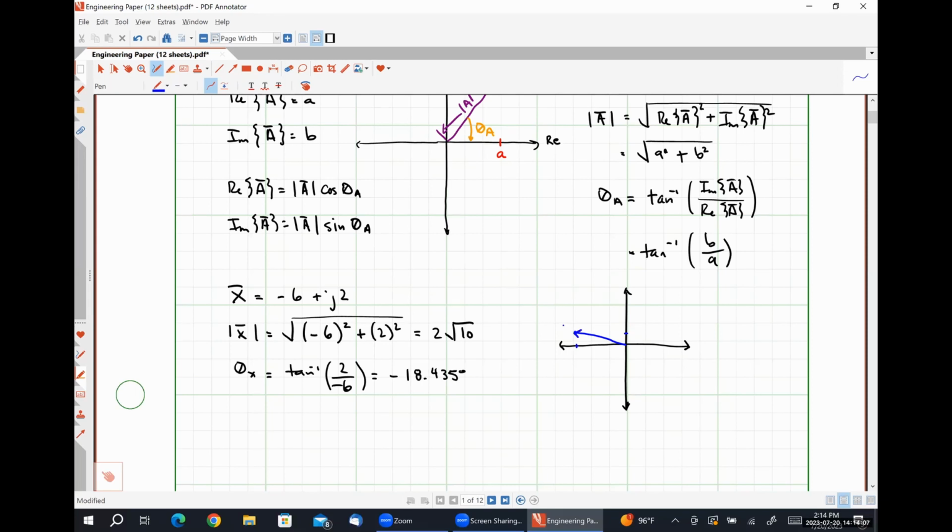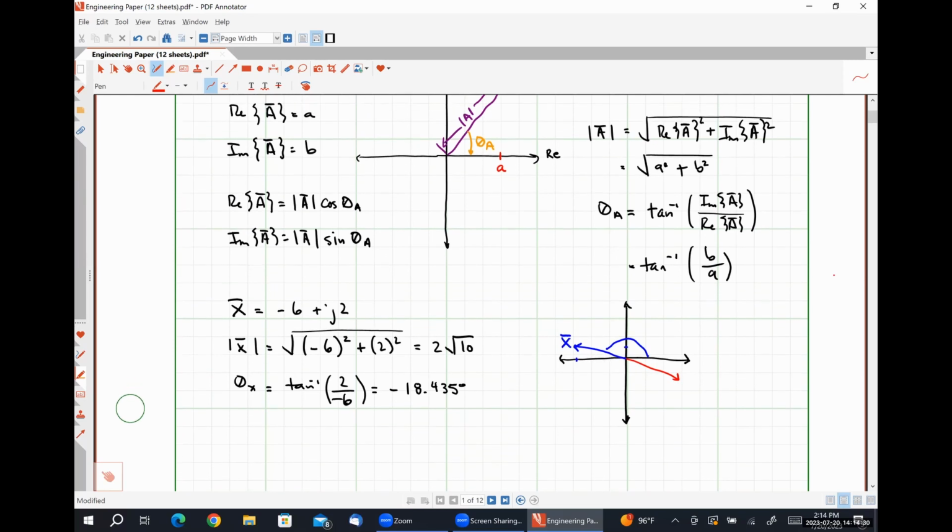This is where my complex number X should lie. And we can see by inspection that it should have an angle a little less than 180 degrees. Well, based on the inverse tangent relationship that we just used, we effectively got X down here.